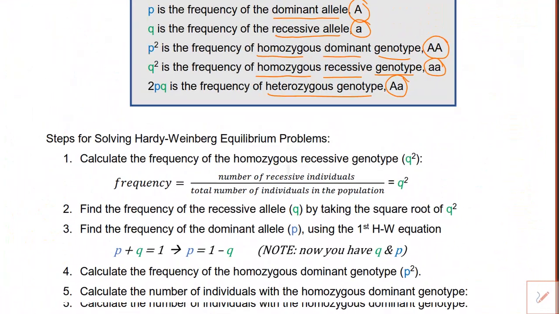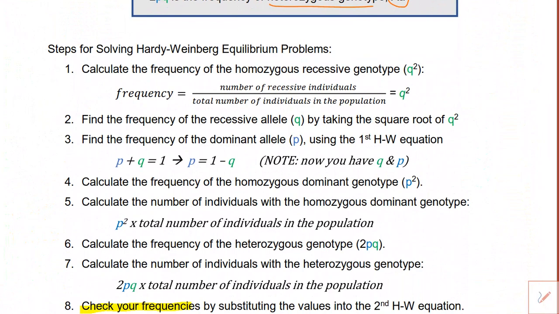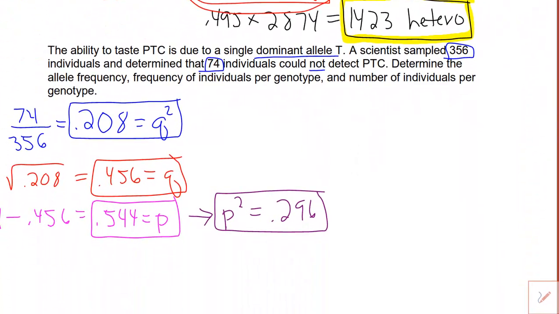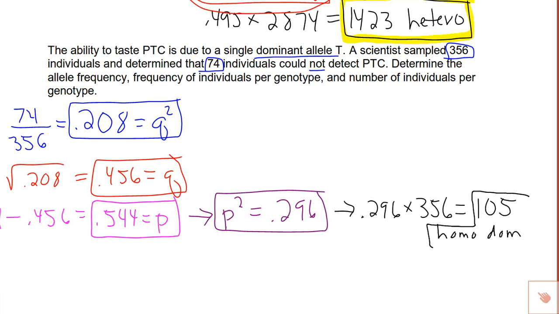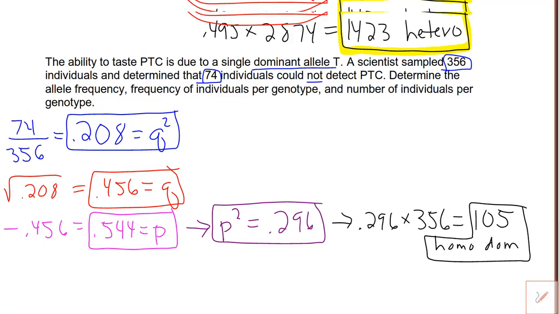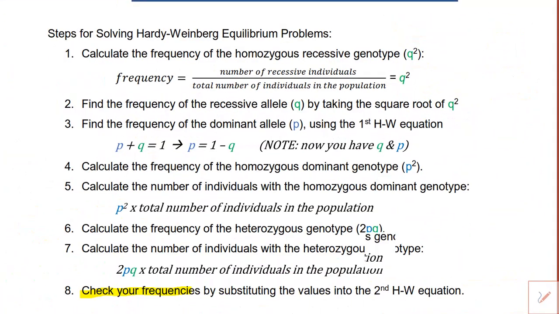And if I want to find the number of individuals that have the homozygous dominant genotype, step 5, I just multiply that by the total number of individuals in the population. So I'm going to take the 0.296 and multiply that by the 356 in the population, and I'm going to see that 105 would be homozygous dominant. We'll box that. Going fast through these, we're doing good.